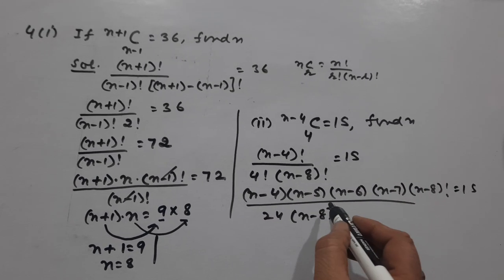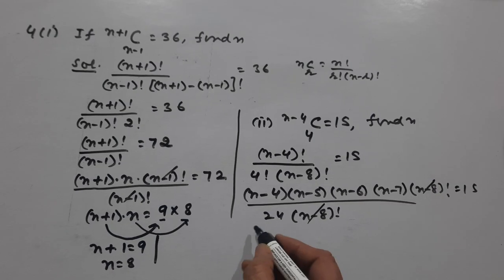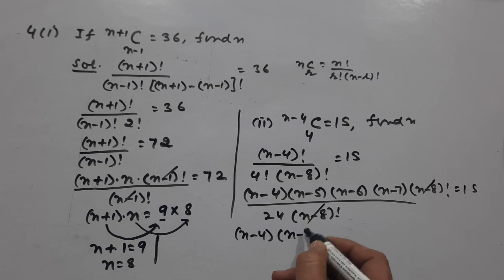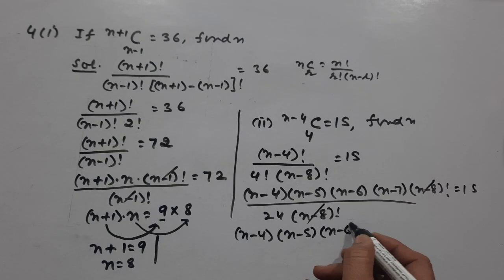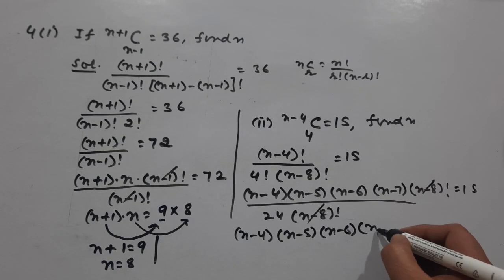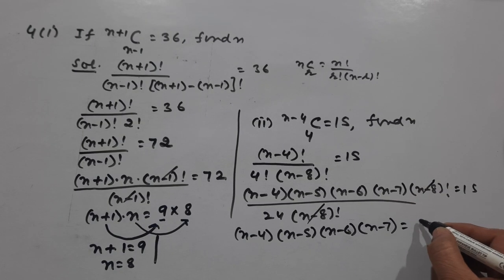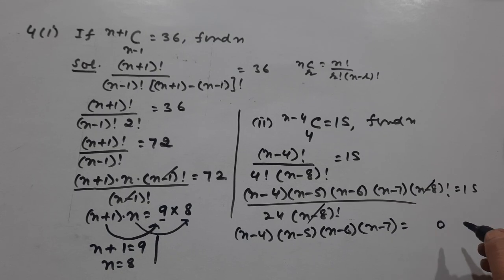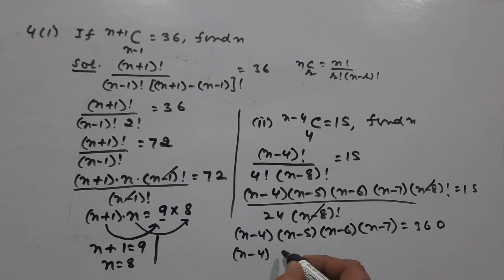Now cancelling (n-8)! with (n-8)!, we are left with (n-4)(n-5)(n-6)(n-7) equals 15 into 24, which is equal to 360. Now write 360 as a product of four numbers in decreasing order.